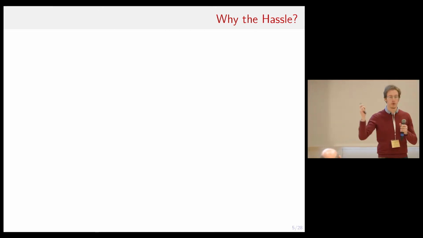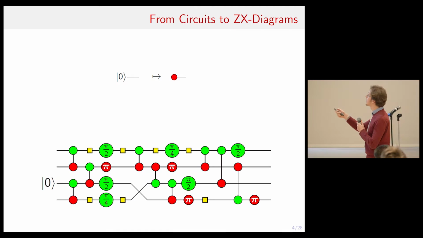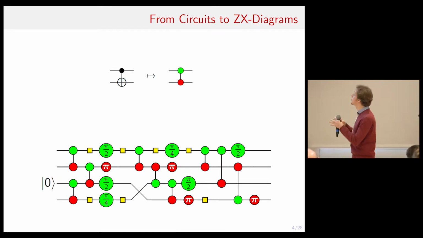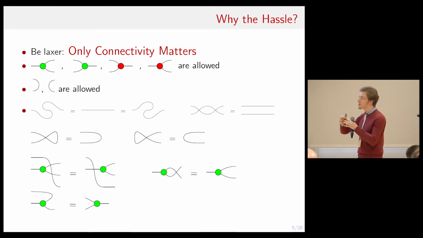Okay, fine. But why do we want to use the ZX calculus? Why did we do all of this? Well, we remember that the CNOT was decomposed as two nodes. And this allows us to use one very important feature of the ZX calculus, which is that basically you can move things around freely.